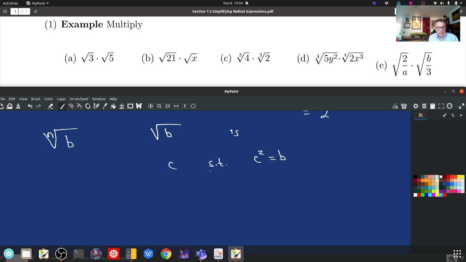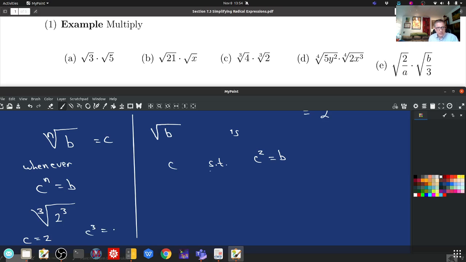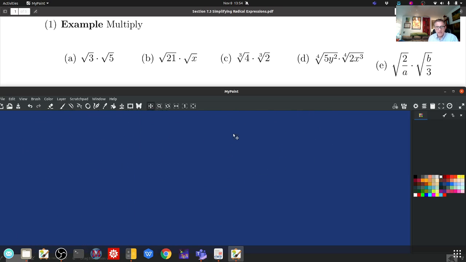The nth root of b is equal to c whenever c to the nth power is equal to b. So again, the third root of 2 to the third: if c is equal to 2, then c cubed is equal to 2 cubed. So the answer there is just plain old 2, not plus or minus 2.